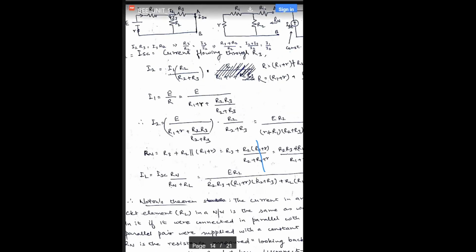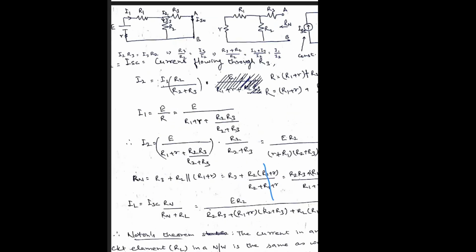If we focus on the I2 equation, this is the I1 current, which we are focusing on. So this I1 current is substituted from this to this. Next, this is just the calculation part. Now we have calculated the Rn as earlier.